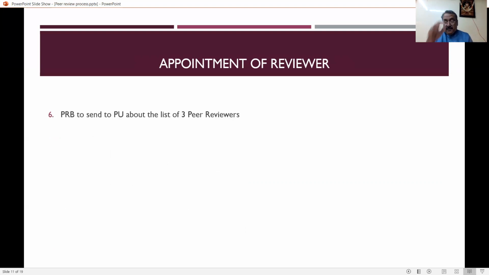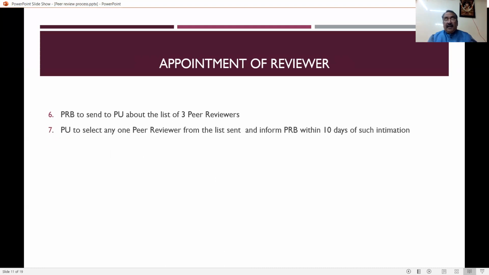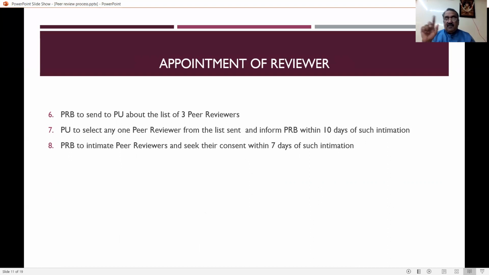Then among the 3 peer reviewers, the practice unit has to select only 1 peer reviewer from the list of 3, and they have to inform the board within 10 days of such intimation. That is, the peer review board is sending a list of 3 peer reviewers. Among the 3, 1 has to be selected, and this has to be intimated to the board within 10 days. And the peer review board has to intimate the peer reviewer. Then after that, the board has to inform the peer reviewers. And the peer reviewers have to give their consent within 7 days.